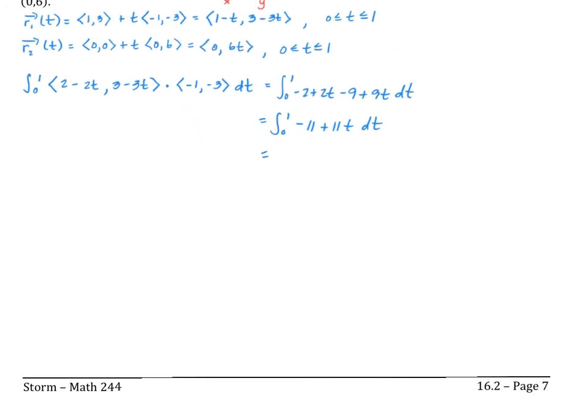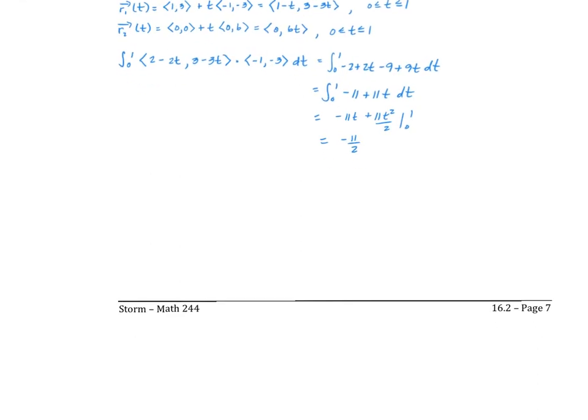I have negative 11t plus 11t squared over 2 from 0 to 1. And then that's going to be negative 11 over 2. So that would just be the integral with respect to the first curve.